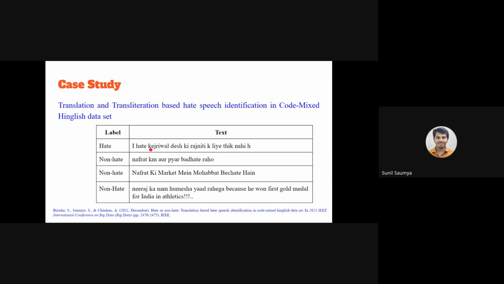Now, if we feed this kind of data to the model and ask the model to learn this, it is going to be very challenging, right? Why? Because it will not be able to find the pattern. In an English-only sentence, we know that we have some grammatical structure, a pattern, like subject, then verb, then object, which the model actually learns, and then using that it makes some kind of context, and based on that context it does the classification.